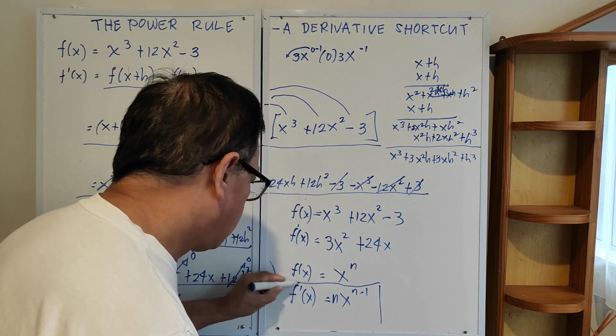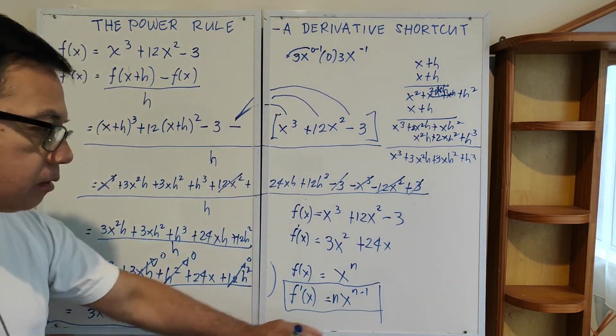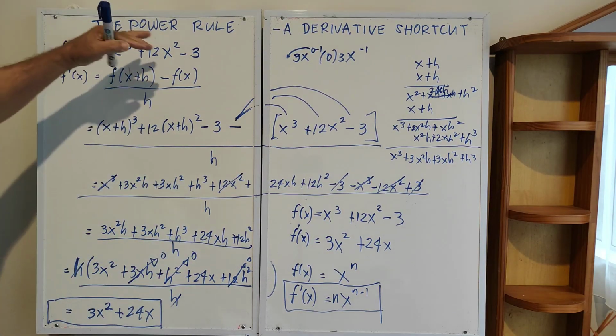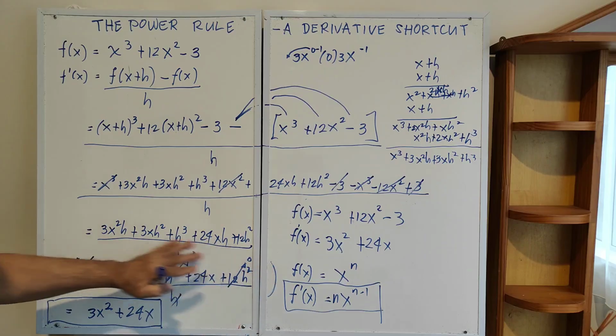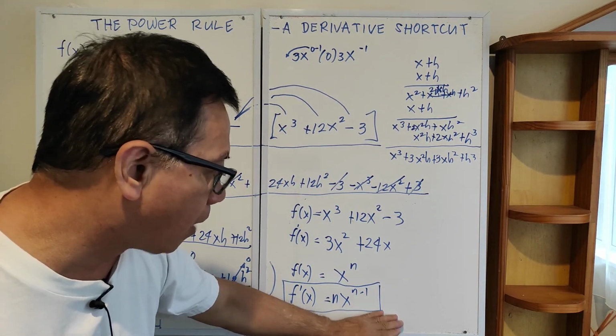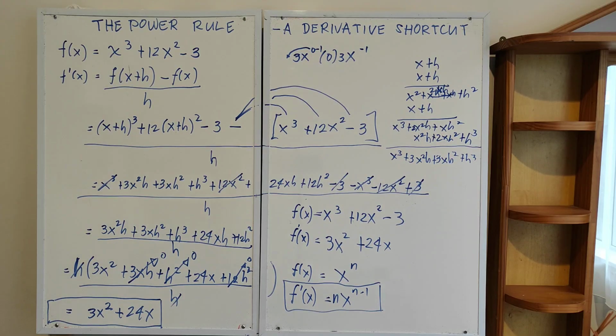So this is your shortcut. You can use this shortcut to get the derivative without going through all these computations. This is called the power rule. We can use this to find the derivative.